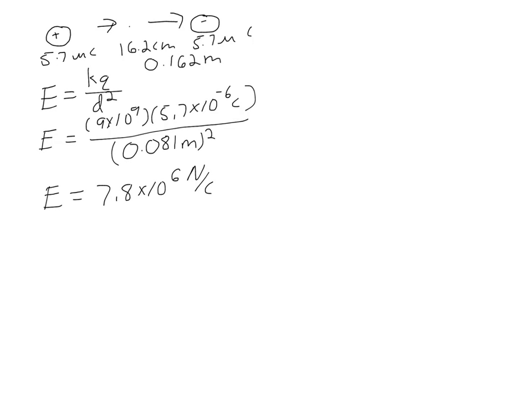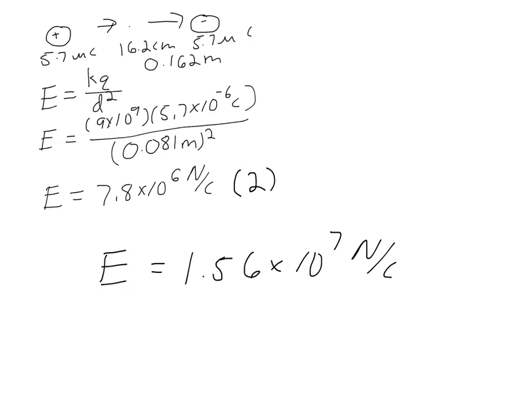So we're going to say times 2. And our final answer for the total electric field is going to equal 1.56 times 10 to the 7th newtons per coulomb. And our diagram up there would be pointing to the right, but we didn't have a direction on that, so we're just going to say the absolute value, or no direction associated with that.